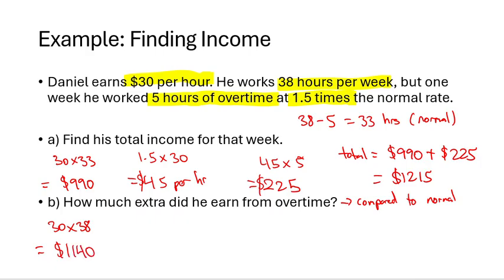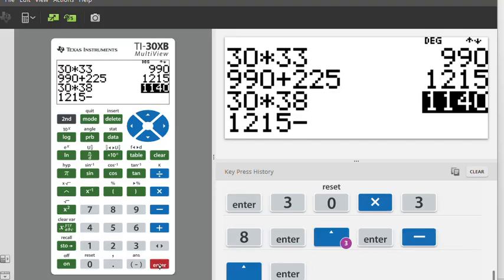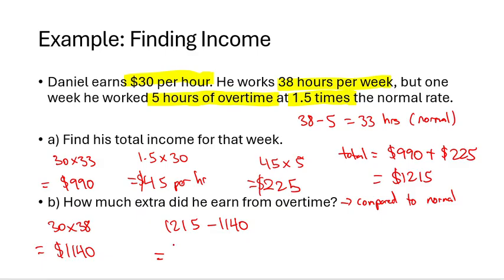And then you just compare it to how much he earned in that overtime week. So you just go 1215 minus 1140, which equals $75. So Daniel earned an extra $75.